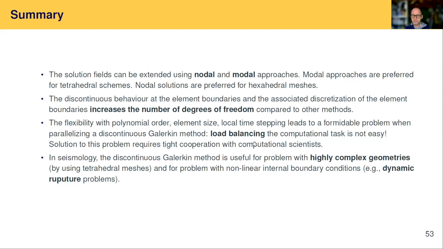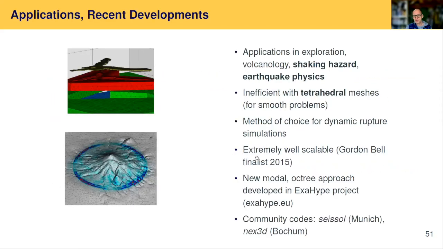I mentioned this before. And another aspect: if you think of a problem like this, where you have many different mesh and element sizes, you may change the polynomial order in each element.